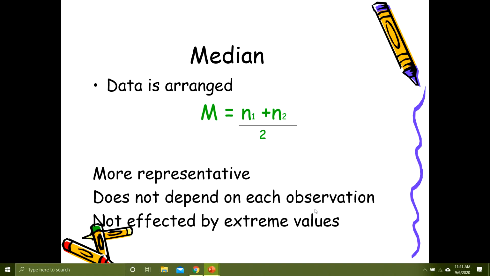But in calculating the median, we are ignoring the skewed distribution and the values which are present on the left hand side and the right hand side, and we are taking only the central two values to calculate the median. So it will not be affected by the extreme values which are present on both ends. So the median will give us a true picture of central tendency if we are dealing with a skewed distribution.